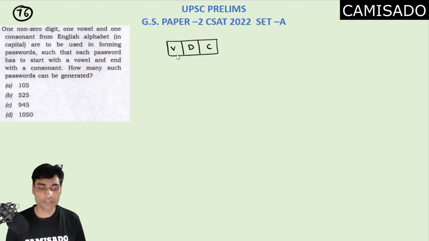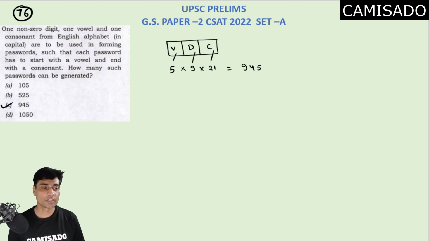So we have in all 5 vowels, 9 non-zero digits, and 21 consonants. So the possible number of passwords that can be generated is 5 into 9 into 21. The result is 945. So C is the right answer.